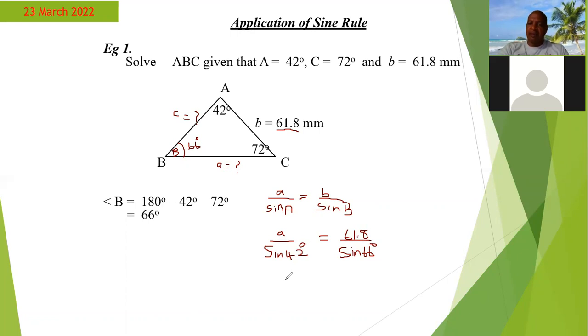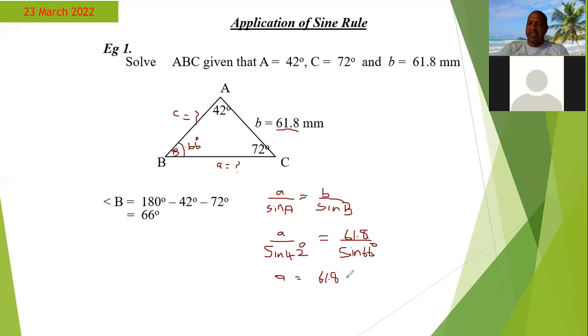So if we rewrite this equation, we would have A now. A is equal to, now we're going to write back the 61.8. Now we're going to move this sine 42 across and multiply it by the 61.8.